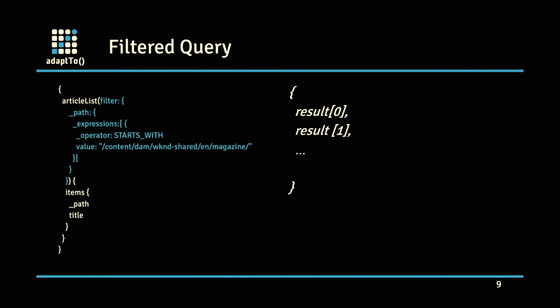This is needed to make sure that the query reduces the results to only the content fragments which actually are inside the magazine folder. Without the slash, the query engine would first analyze all the content fragments which are inside the EN folder, starting with magazine in the node name.